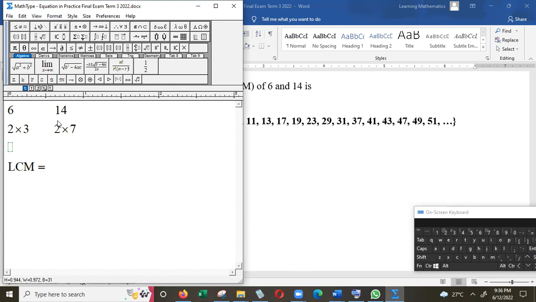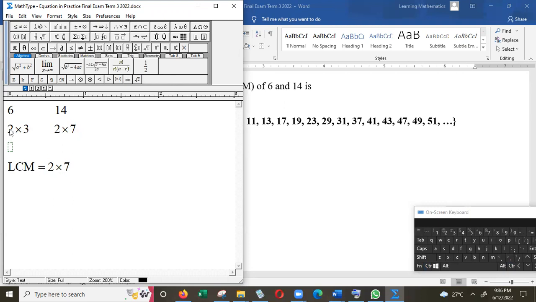So we first begin with the bigger of the two. We know that 2 times 7 is 14, so we can copy and paste 2 times 7. We are certain that 14 can go into this number because 14 can go into itself. Now we have to see if the smaller number can go into that number by looking at the primes.